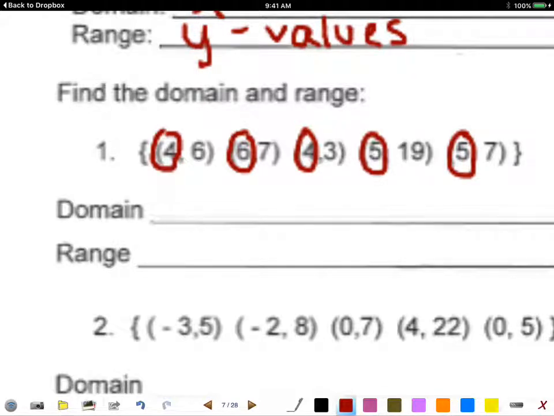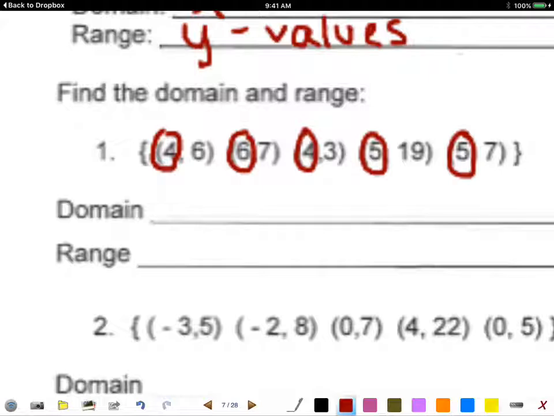So that would be something you would write out to the side, like Isaiah is doing right now. Miss Wilson said, write them in order from least to greatest and without repeating. What's without repeating? I'm going to show you in just a minute. Anybody already have an idea what I mean when I say without repeating? Jackson?